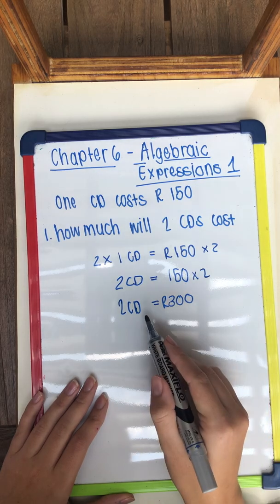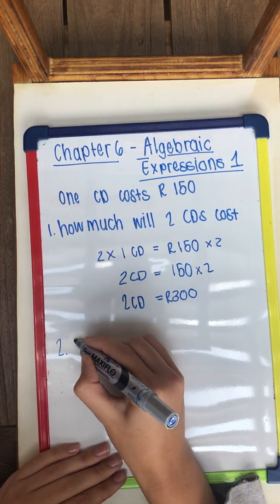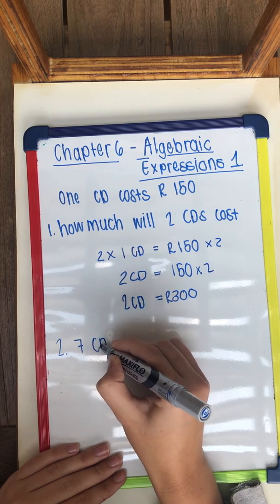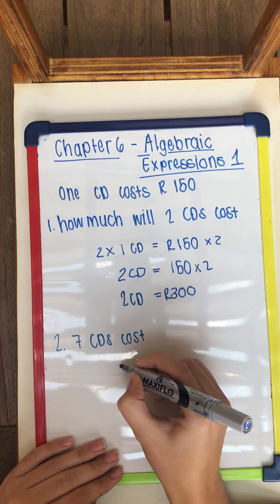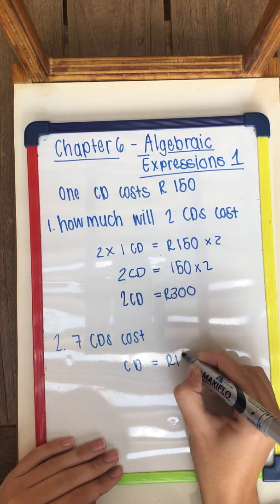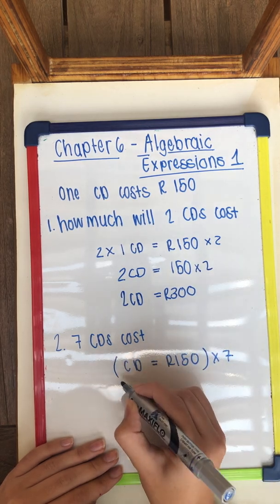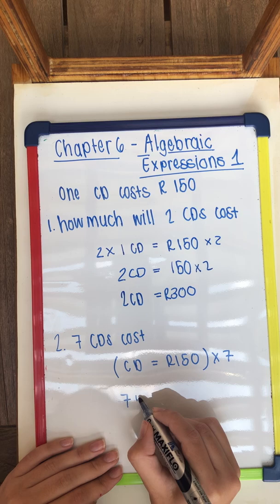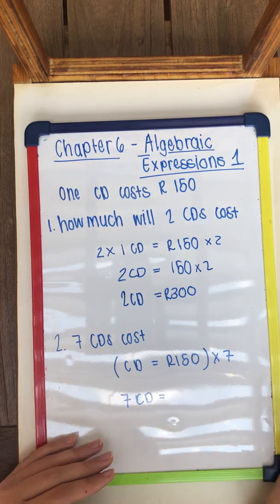Okay, now if I've got, how much will 7 CDs cost? All I do is I've got CDs equal to 150 Rand, times by 7, so this will give me 7 CDs will cost 150 times 7.